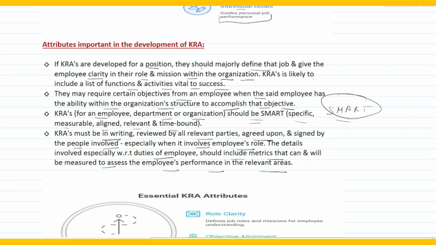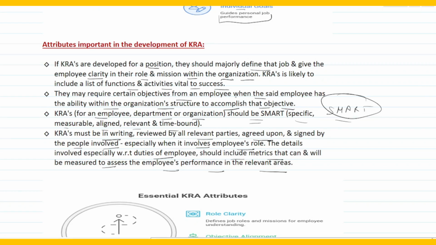So what are the various attributes important in the development of KRA? First of all, you define the job. Employee should have a clarity of what is the role or the mission they are supposed to carry out, and that is very, very important from the success point of view. Then secondly, the employee should themselves be encouraged to give certain objectives, so that they are in line with the company's or the organization's goals, and his ability to attain those objectives.